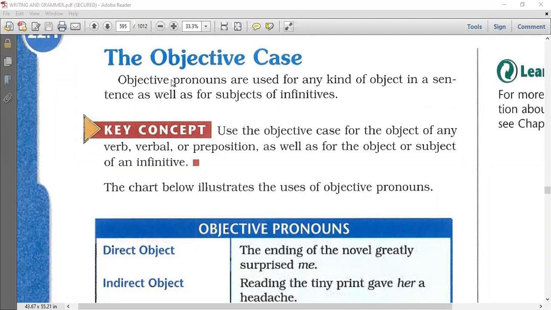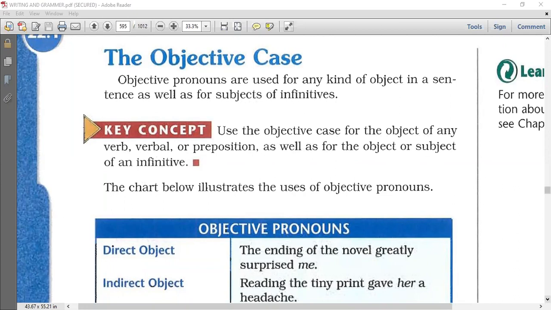Sometimes it's direct object, sometimes it's indirect object, and so on. Let's see. Objective pronouns are used for any kind of object in a sentence, as well as for subjects of infinitives. Use the objective case for the object of any verb or verbal or preposition, as well as for the object or subject of an infinitive.